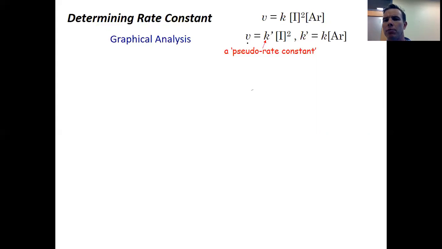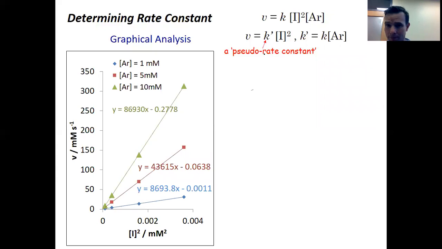So this suggests I would plot V versus I squared and get a straight line. So that's shown here. V versus I squared. I get these different straight lines. They all have different slopes because there's a different argon concentration associated with each one of these.